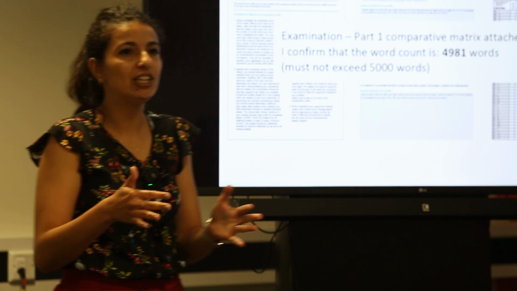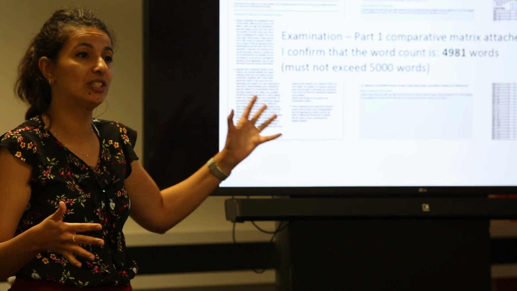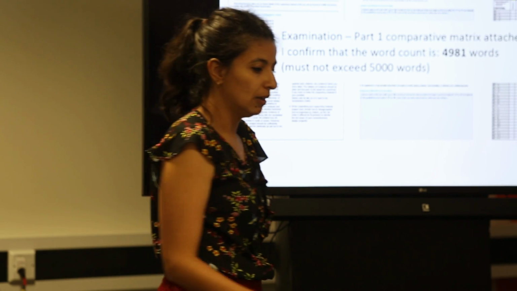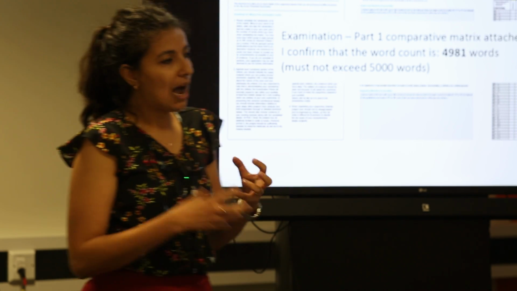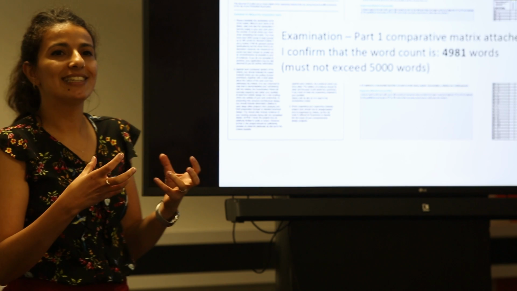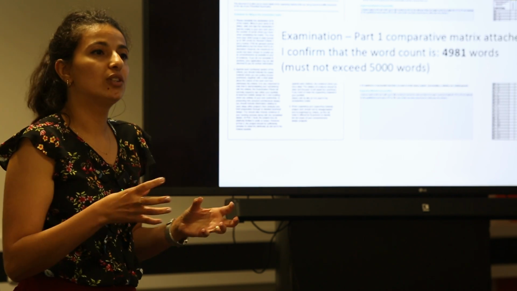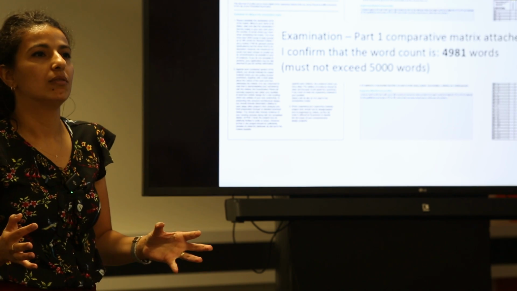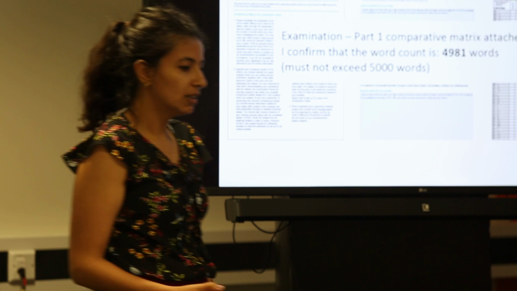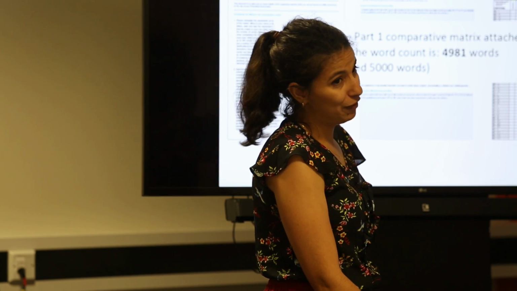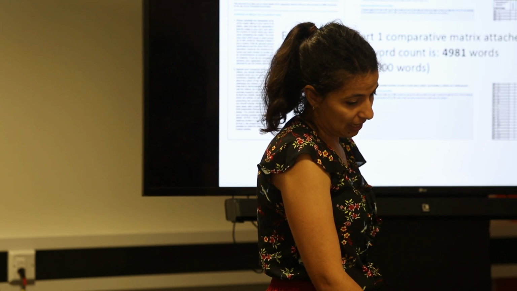That means that you really need to sell your work. This is your chance, the first impression. So basically, I would think of it as an exhaustive executive summary of your portfolio. It needs to include everything. And that's difficult to do in the word count, I have to say.